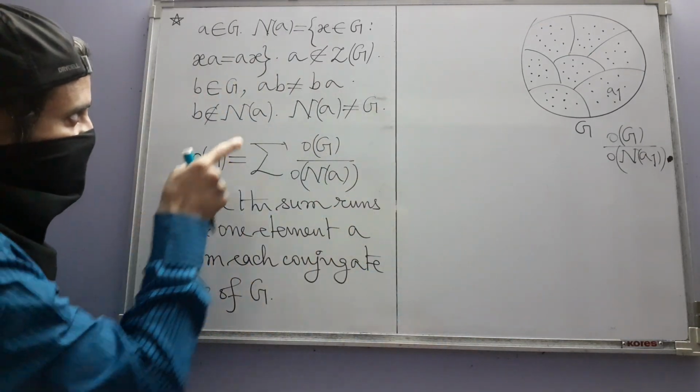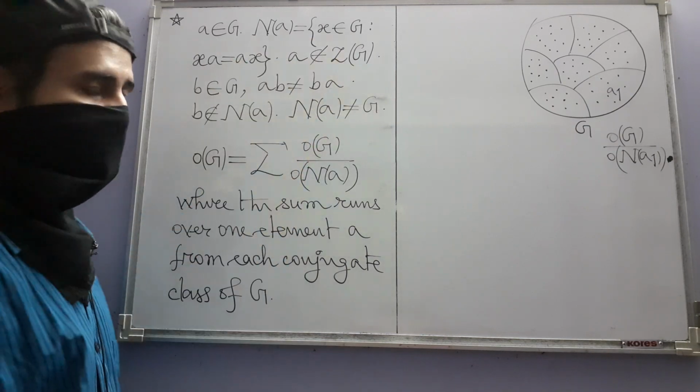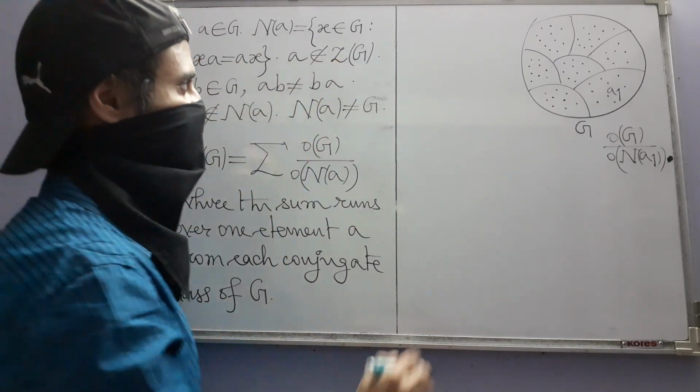Okay, so we have seen what happens if A is a non-central element, but what happens if A is a central element?